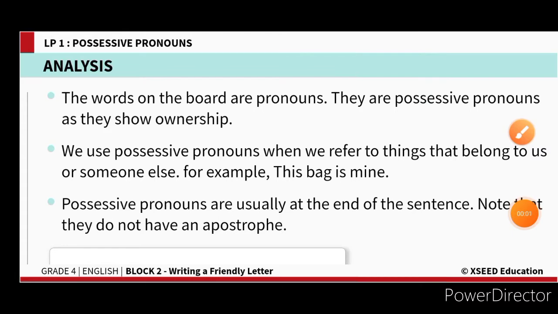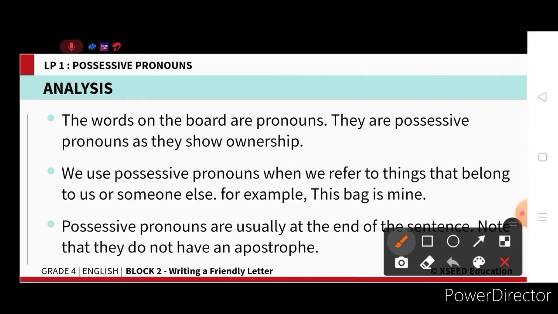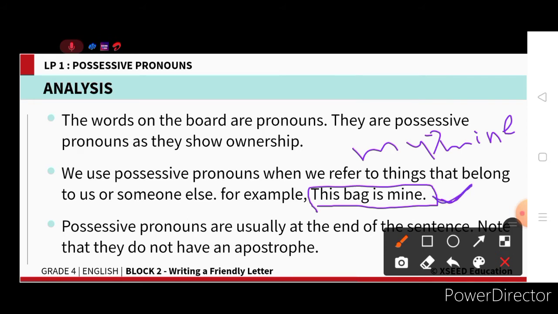How can we change these pronouns into possessive pronouns? For my, we will write mine. This is my bag, or this bag is mine. So here we are changing the pronoun into a possessive pronoun.